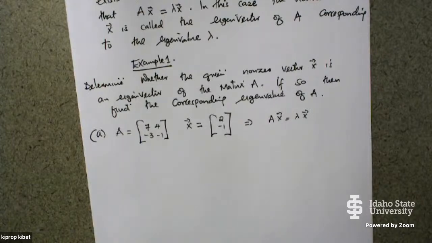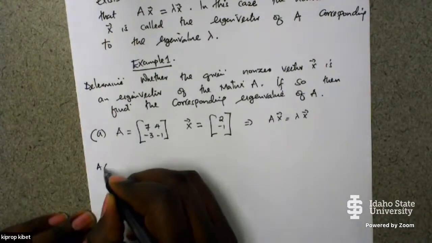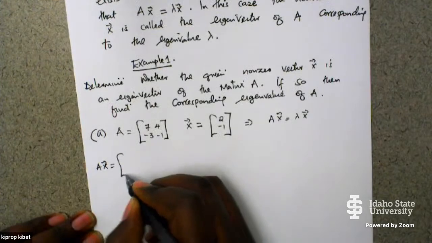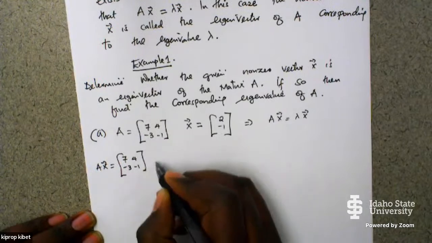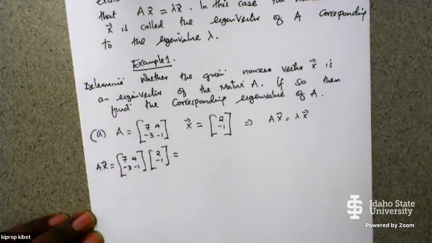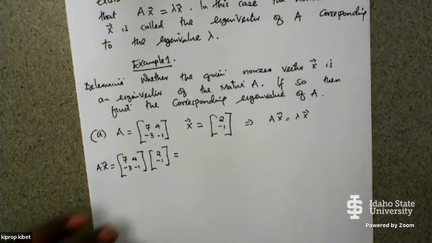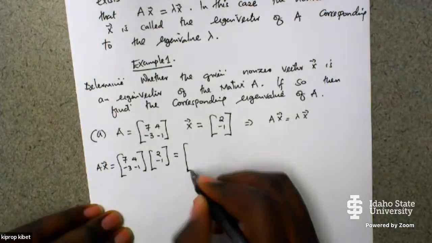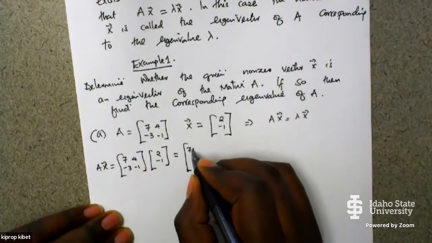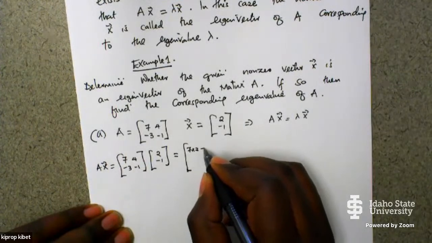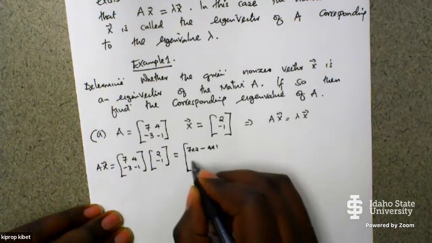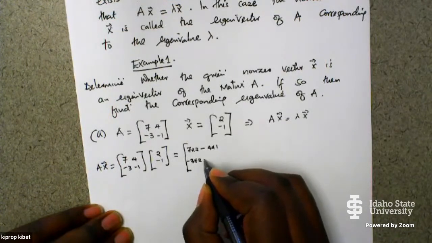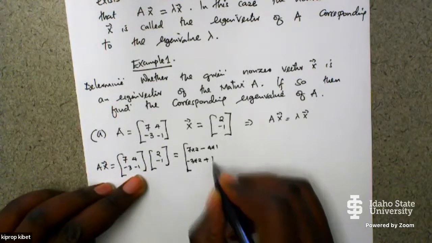So we multiply AX, which equals the matrix 7, 4, minus 3, minus 1 multiplied by 2, minus 1. And what we get here is 7 multiplied by 2 minus 4 multiplied by 1, and then minus 3 multiplied by 2 plus 1.